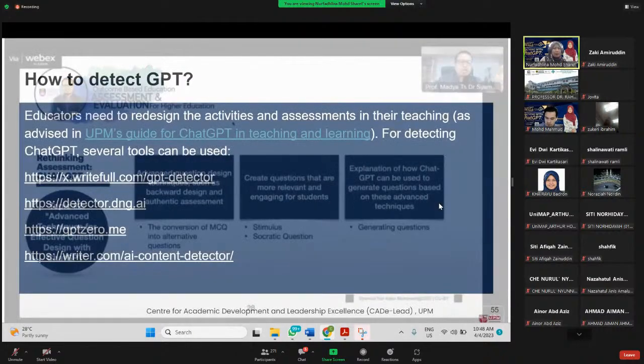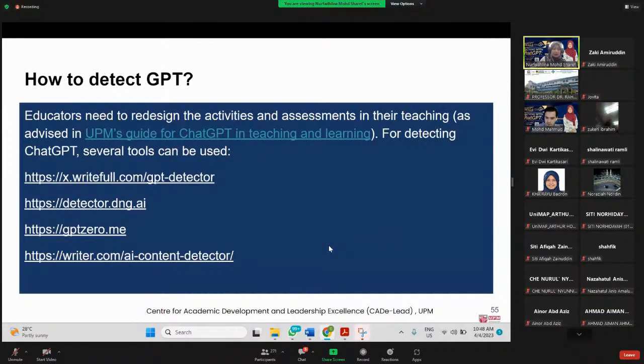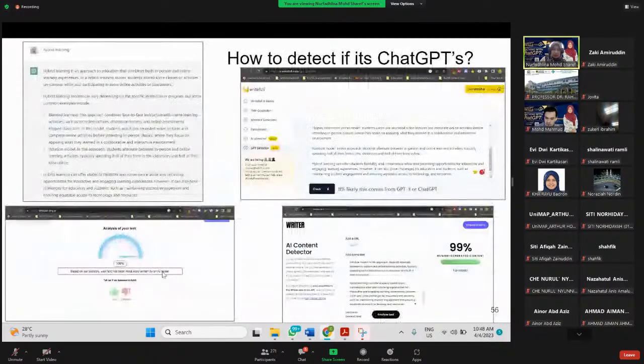Many people might also be interested in how to detect ChatGPT. I have listed 4 applications here, but based on my observations, when I put up this write-up that was generated by ChatGPT, there is no conclusive answer.